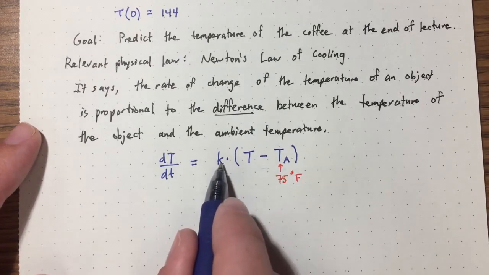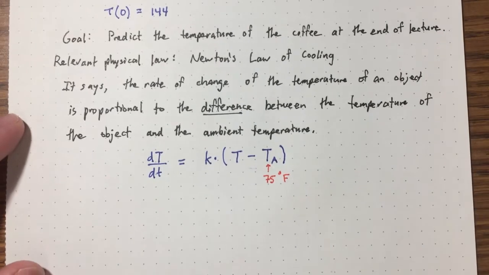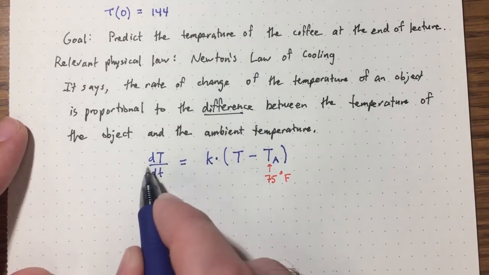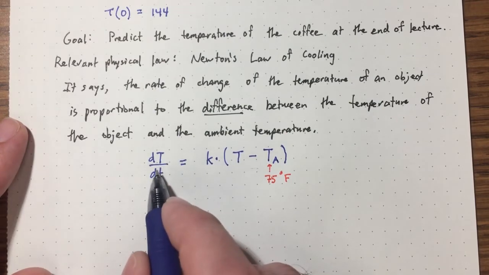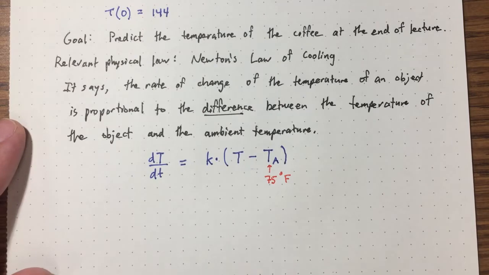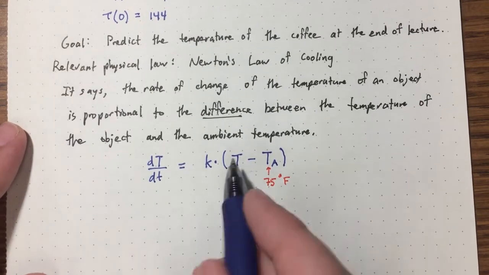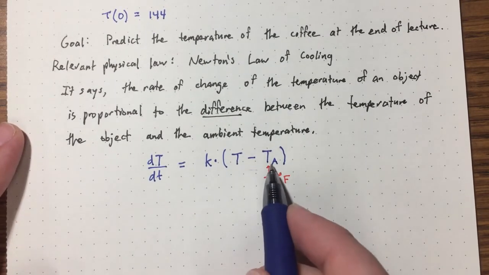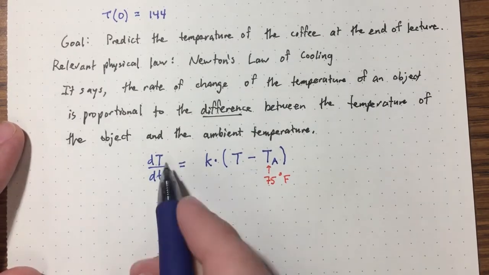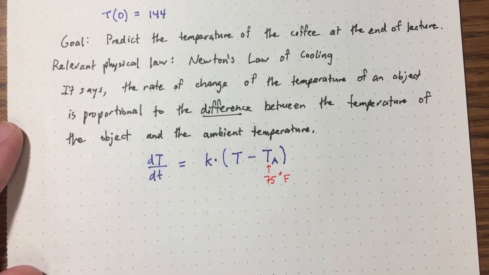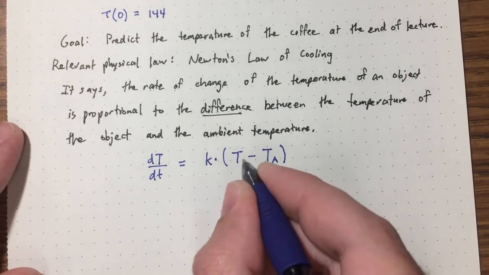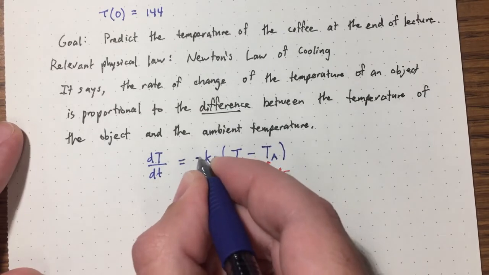And we want k to be a positive constant always, that's our convention. So this whole side will be a positive number, and that'll be telling us that the rate of change in the temperature will be positive, which is actually exactly the opposite of what we want, right? Because if our coffee were indeed hotter than room temperature, then it should be cooling down. Its temperature should be decreasing. So this should actually be a negative number, not a positive number. And so if we want to make this correct, we should have to add a minus sign here.